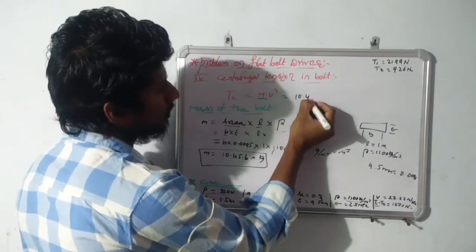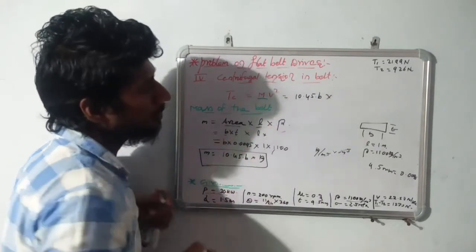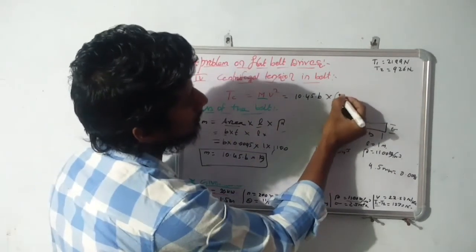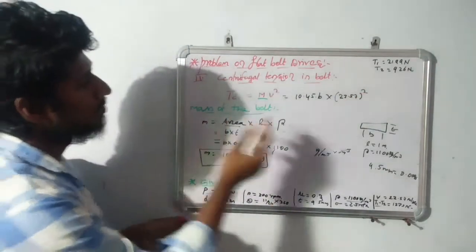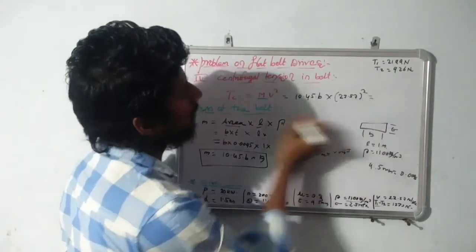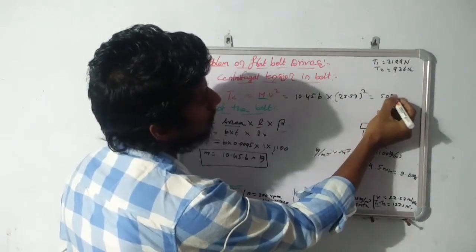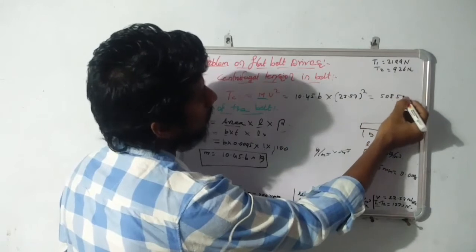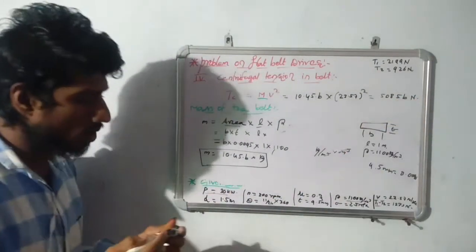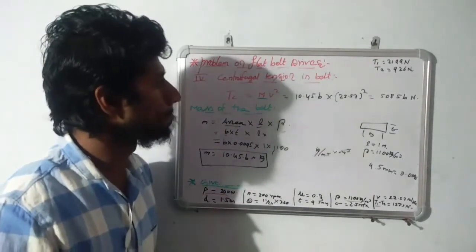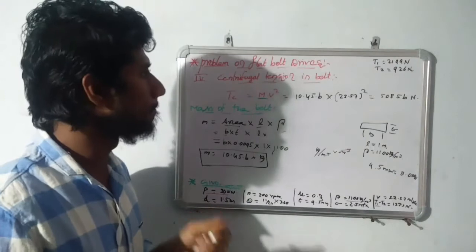So substitute these values here. The mass of the belt is 10.45 into B, and the velocity is 23.57 square. By simplifying this, what do we get for the centrifugal tension in the belt? 5085 B newtons. This is the centrifugal tension acting on the belt.